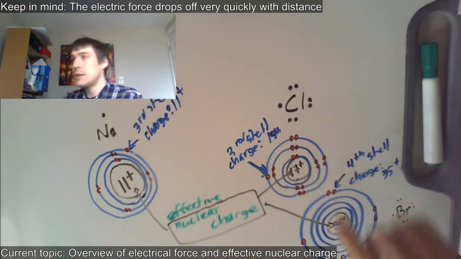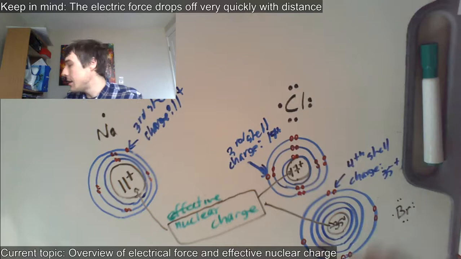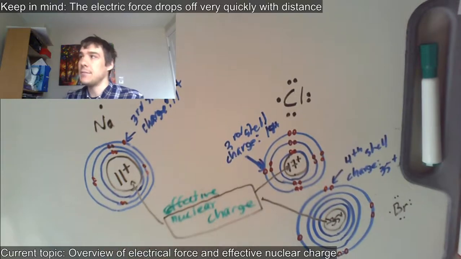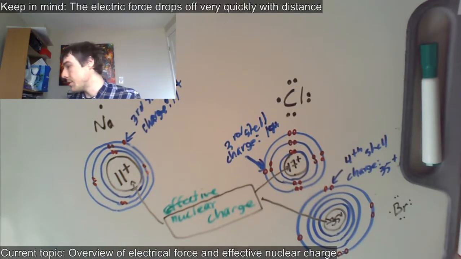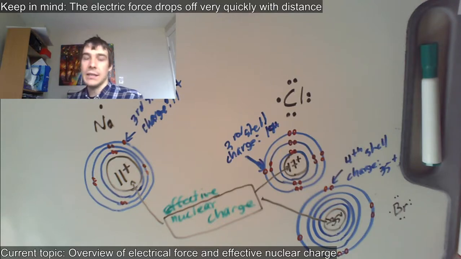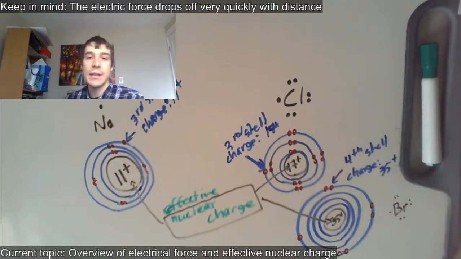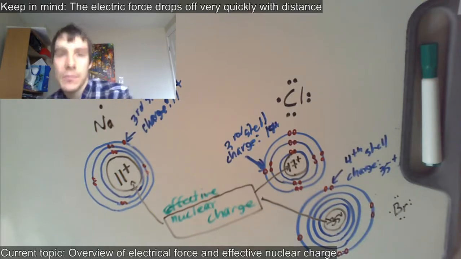So these electrons are held less tightly than these electrons. And the same thing happens from sodium down to potassium, because that's a fourth shell issue as well. It's a fourth shell with 19 protons instead of 11 protons, and it will also have a lower pull. So distance is more important than charge is what we're trying to get at here. Distance is more important than charge.